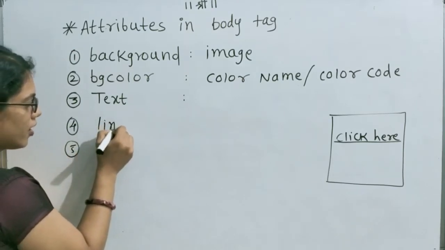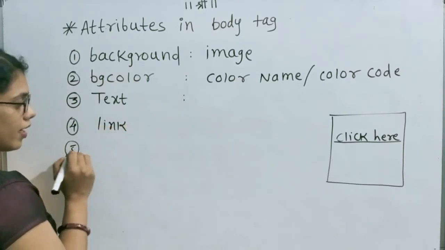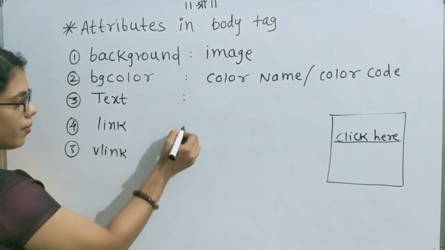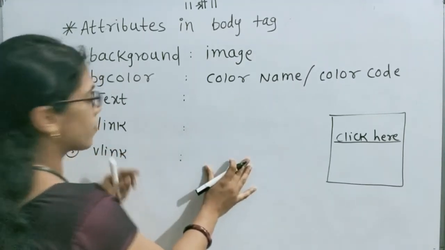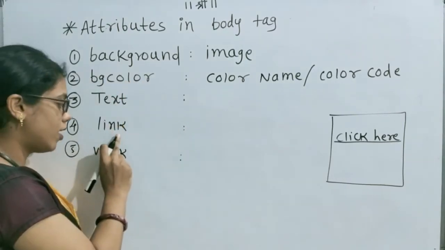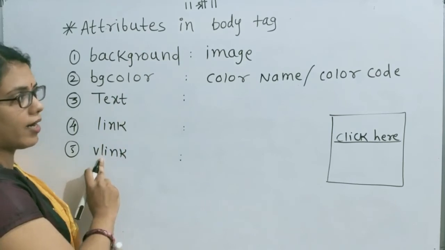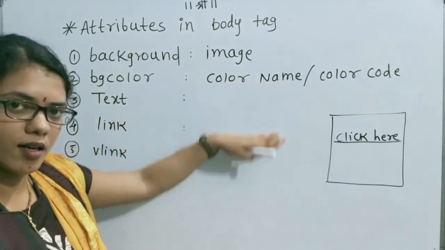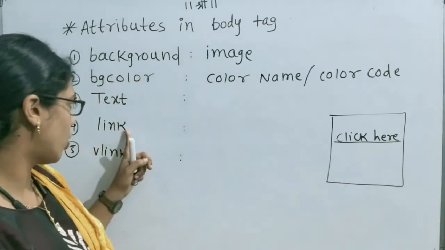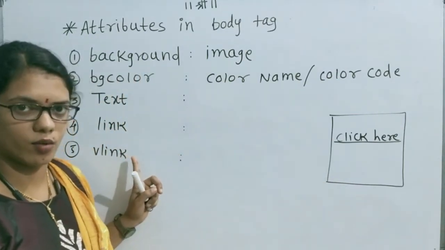The fourth attribute is the link attribute and the fifth attribute is the vlink attribute. I am not writing here again and again because for bgcolor, text, link and vlink, the attribute values are color name and color code.